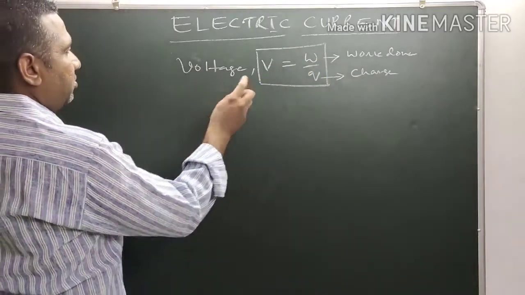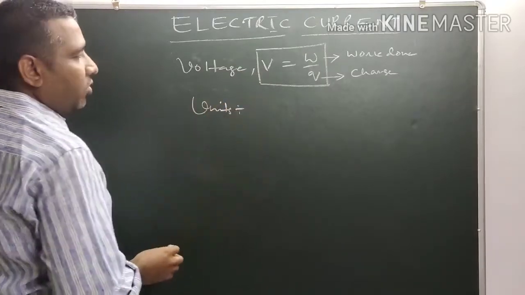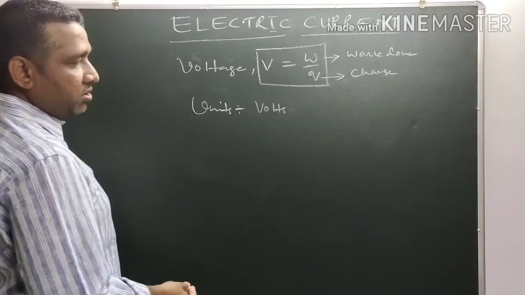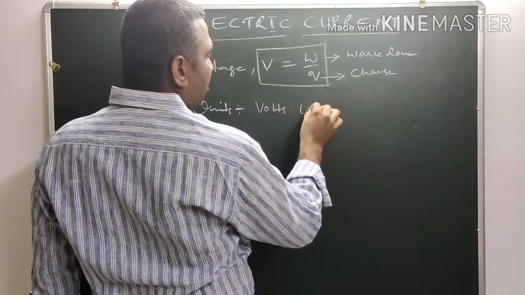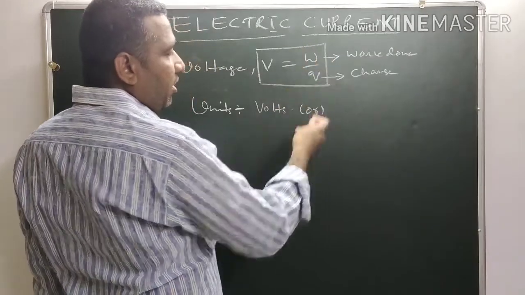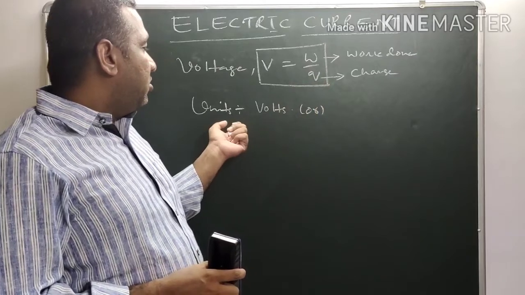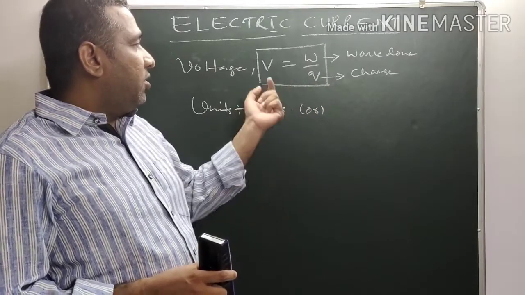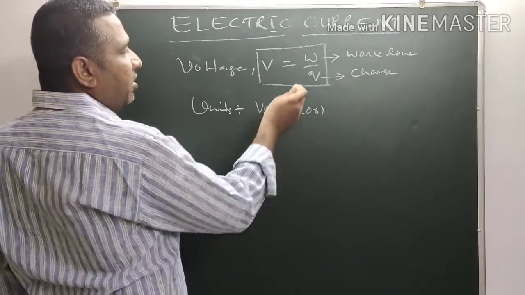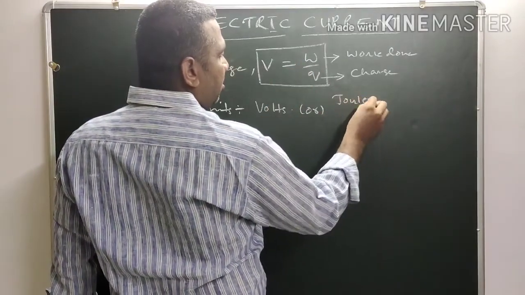So the unit of voltage is volts. Or we can also write it by seeing the formula, work done, whatever the units we write only with the formula. We can also represent volt in another format, that is work done we measure as joule and charge as coulomb.